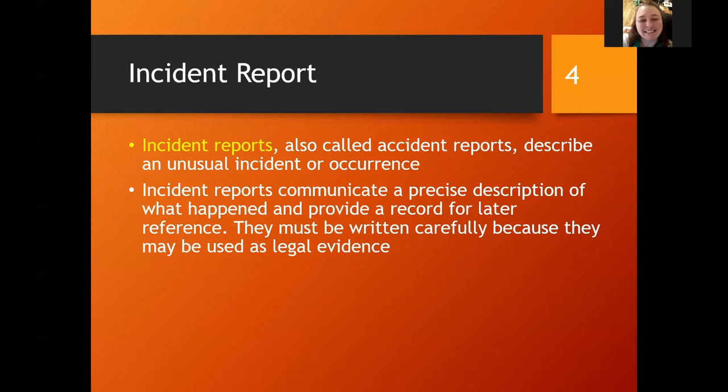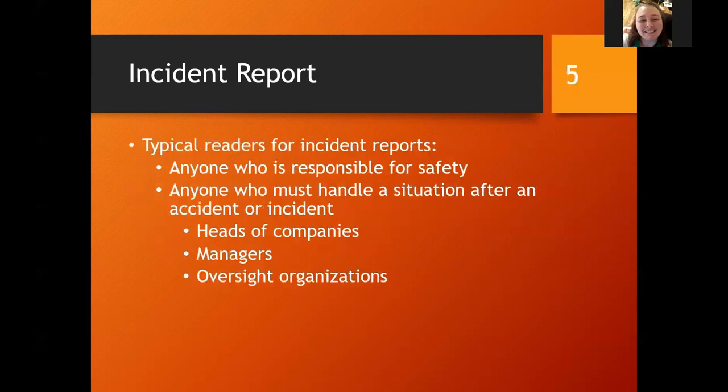It has to be written carefully because it could possibly be used as legal evidence going forward. Typical readers are anyone who's responsible for safety, anyone who may handle a situation after an accident or an incident, so maybe the head of a company, a manager, or an oversight organization, such as an insurance company.